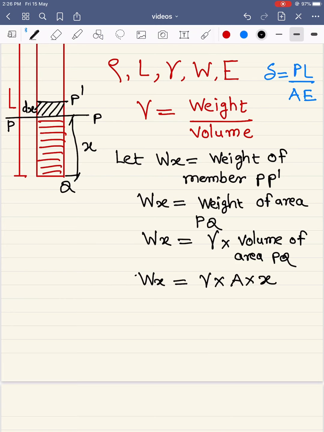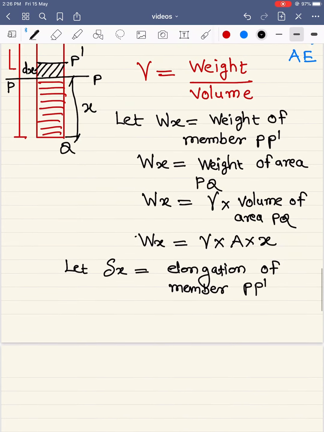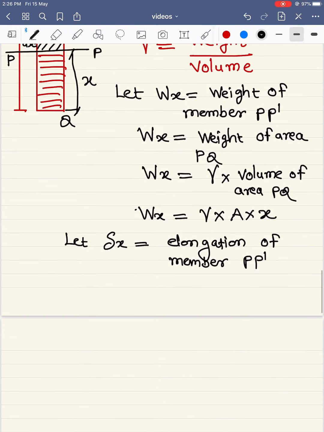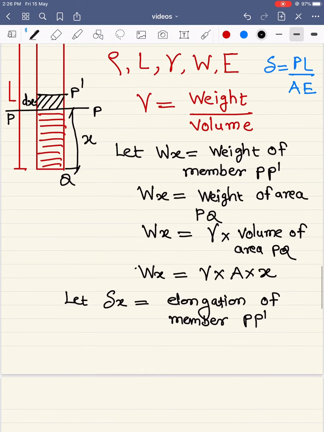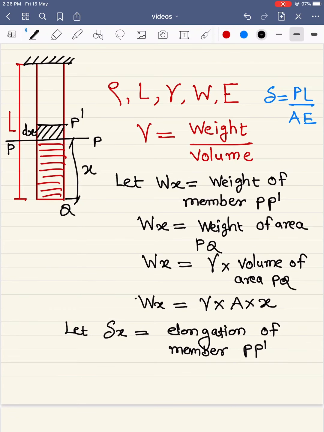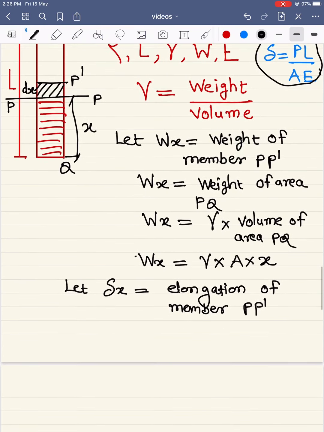Now let delta x be the elongation of member PP dash. Now by using the formula delta is equal to PL by AE, we'll calculate the elongation of member PP dash.